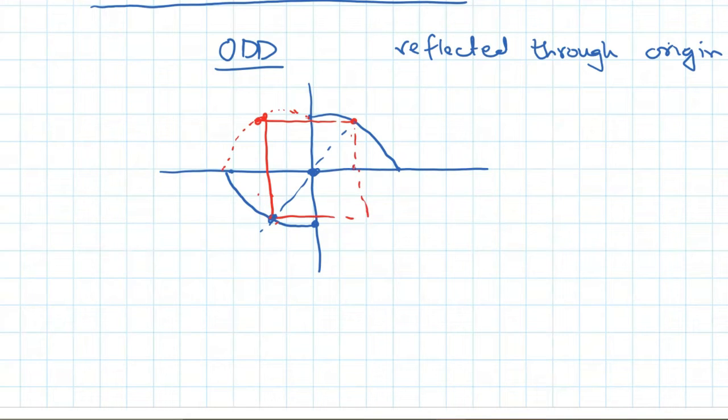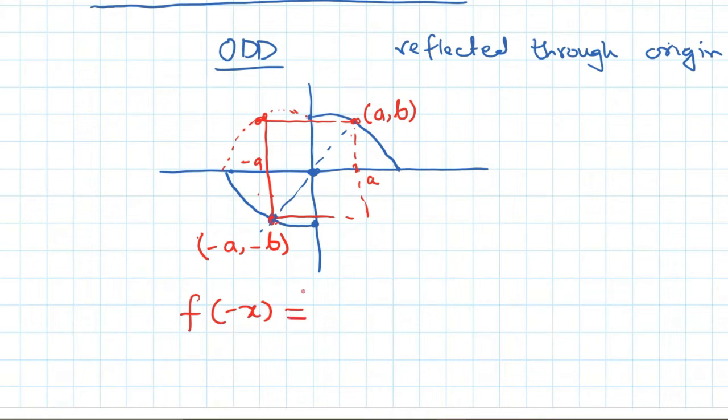So if this is A and that is B, if this is (A, B), what is this? This is negative A. What is this? Negative A, negative B. This will be true for all X and Y on this graph. So f of negative X will be what? If X was A, B was f of X, right?